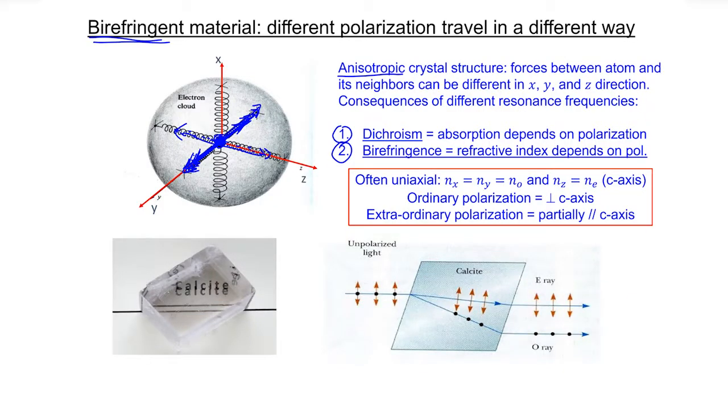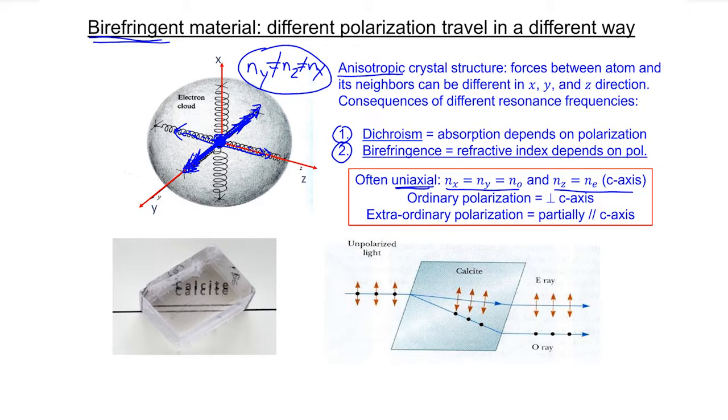So you can have a situation where the refractive index for light polarized in the y direction is different for light polarized in the z direction and different for light polarized in the x direction. This is the general case, but in many crystals, the anisotropy is such that the refractive index in two directions is the same and only in one direction it's different.